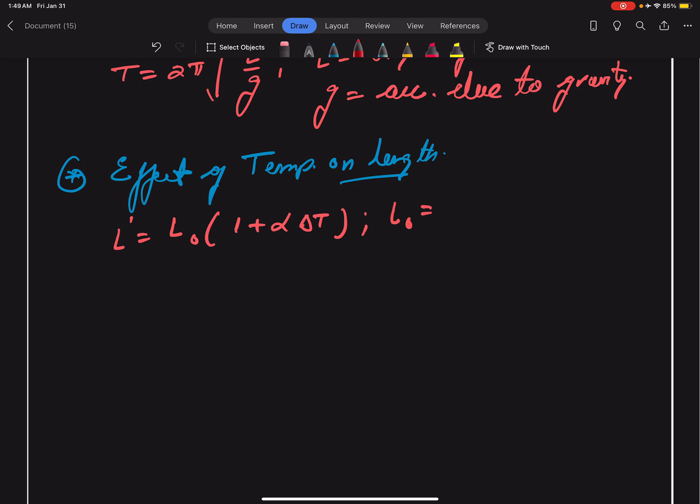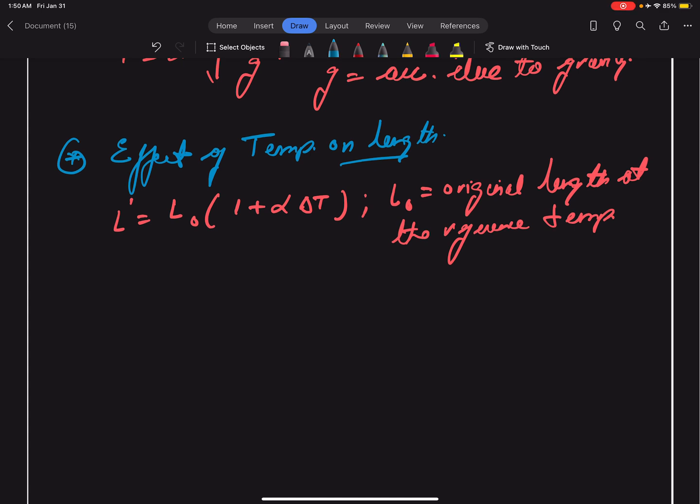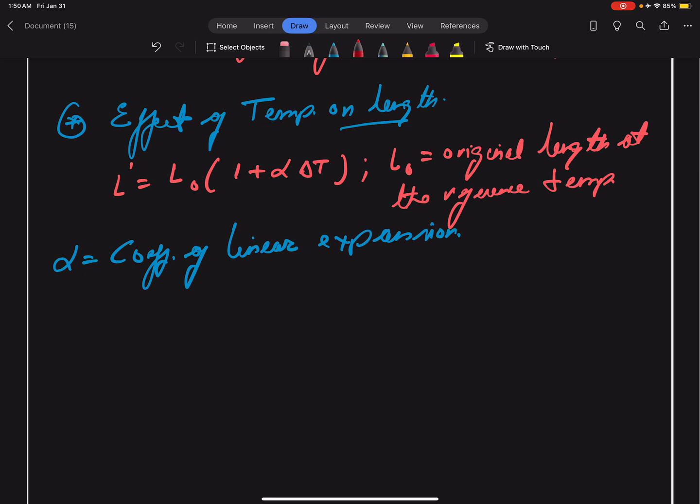the original length at some reference temperature, alpha is the coefficient of linear expansion, and delta T is the change in temperature.